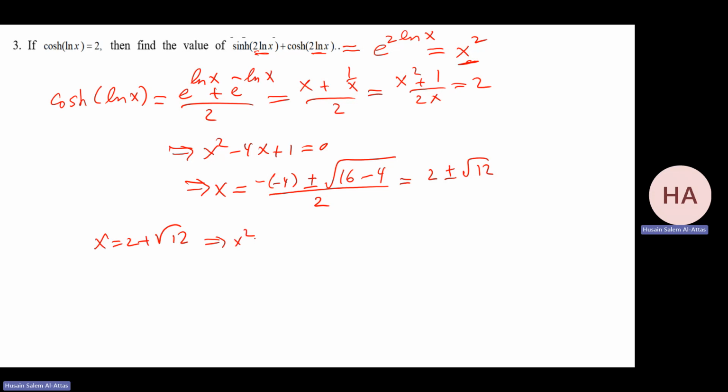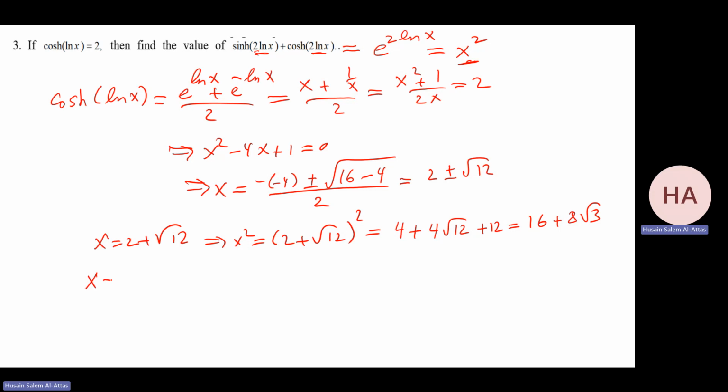What will be x squared? It will be 2 plus square root of 12, squared. That will be 4 plus 4 square root of 12 plus 12, which is 16 plus 8 root 3.